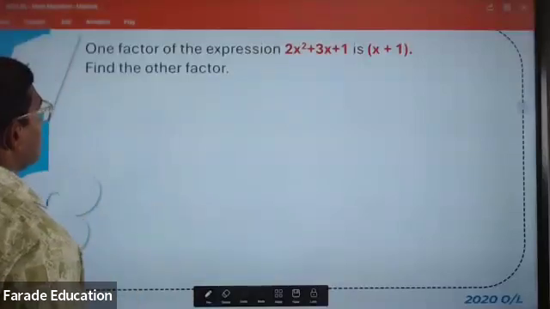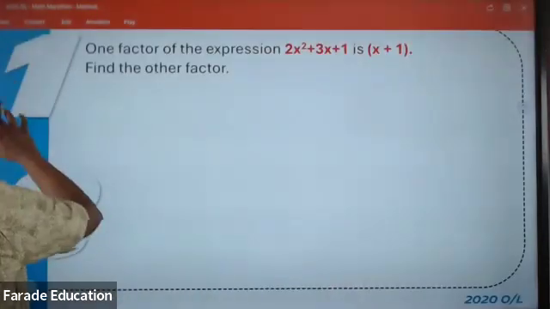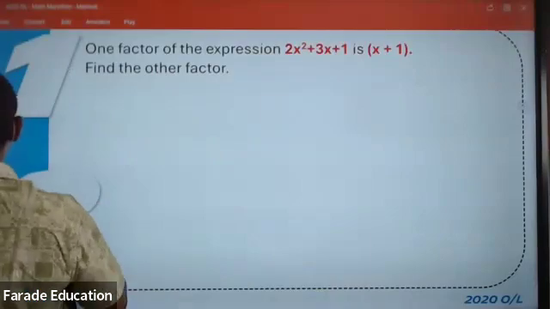The next one. One factor of the expression 2x squared plus 3x plus 1 is x plus 1. Find the other factor. That means they are asking you to what? Factorize. So I think I need the whiteboard here. 2x squared plus 3x plus 1.